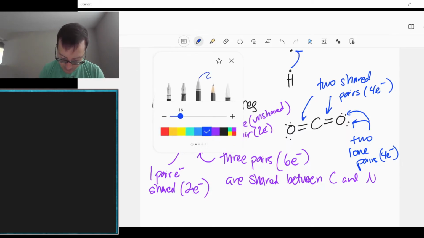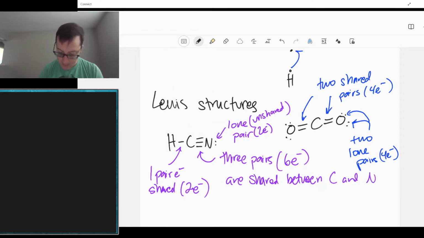Alrighty, so let's talk about how to make these things. I'm going to give you 2 methods. And you're welcome to use whichever one you like. They'll both work. Just make sure you don't forget your lone pairs. That's the biggest mistake that people make, is they forget their lone pairs.